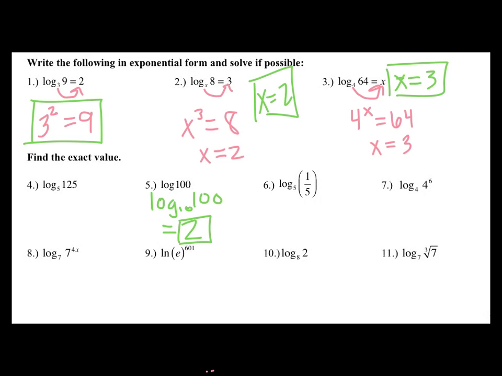Whenever you guys have a base of a log and the base of an exponent in the same problem that are equal or the same, they're going to cancel out. And the reason for that is because if you rewrote this, 4 to what power equals 4 to the 6th. Well, if we're looking for the value and they both have the same base, this has to be 6 to make them equivalent. So what happens is they cancel out and you're just left with that exponent.